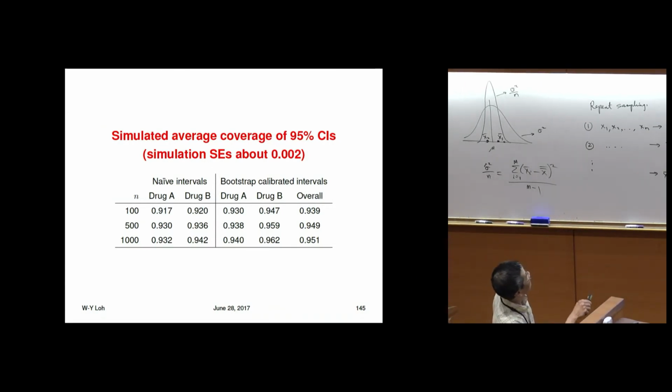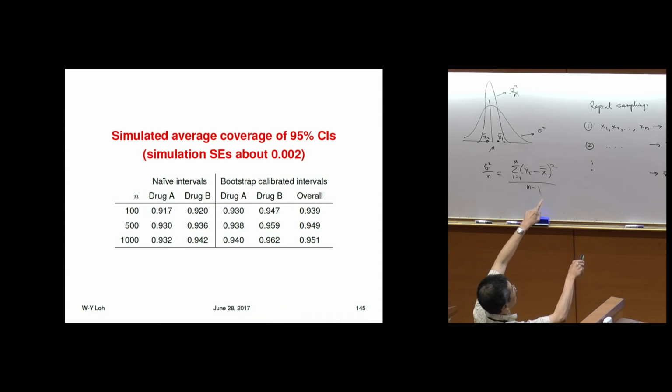This is naive. Right? I just use the T method, no correction. I want 95%, but with sample size 100, I only get 91.7% for drug A, 92% for drug B. But once I put a bootstrap and change that, I'm going from 917 to 930, 920 to 947. Overall, on average, it's about 94% coverage.